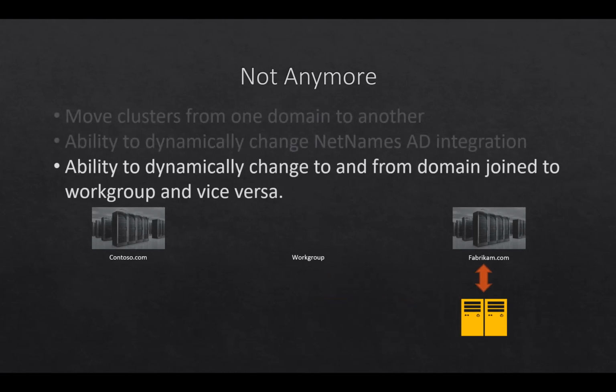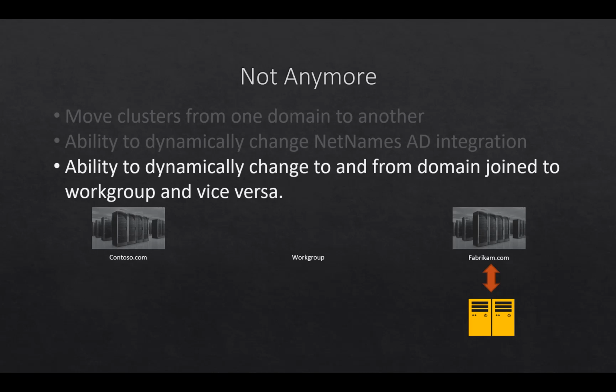An additional PowerShell command gives the ability to dynamically change it from a work group to a domain. All while the cluster remains intact, roles remain intact. You're just simply dynamically changing it.